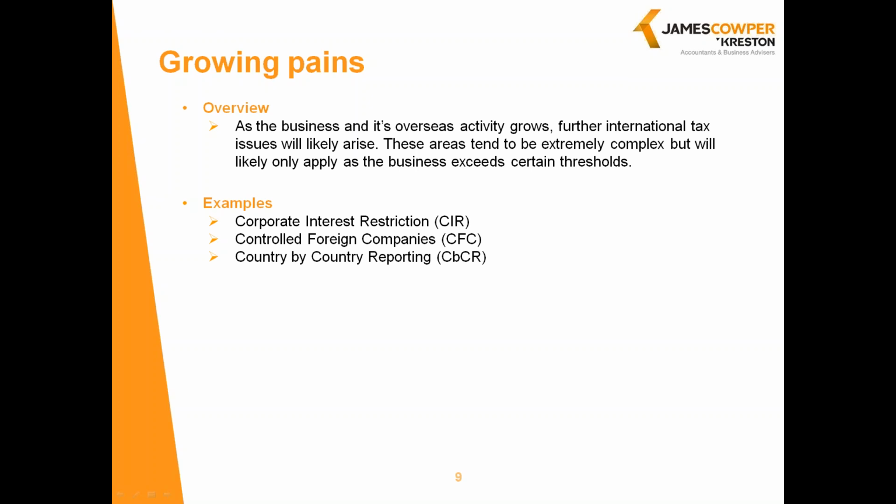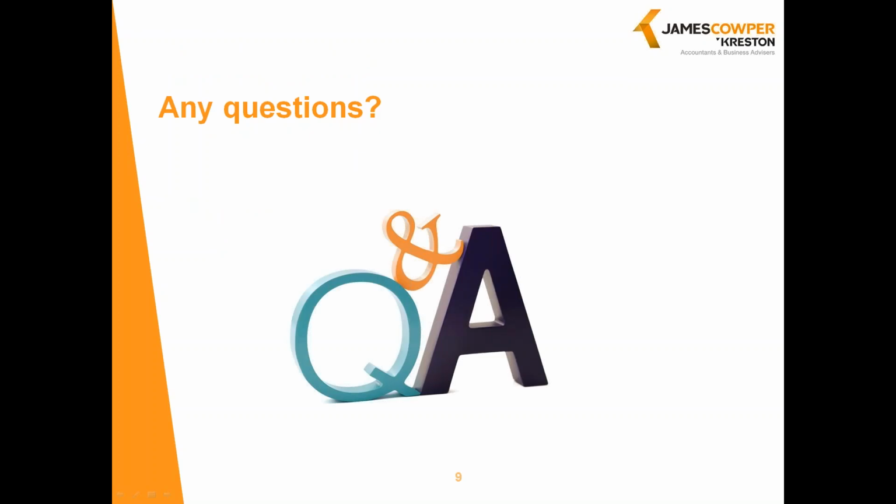This standardized report is shared with the tax authorities in all of the jurisdictions in which they operate. For your business to qualify as a multinational enterprise and be obligated to make these reports, currently the consolidated worldwide group turnover must exceed 750 million euros.